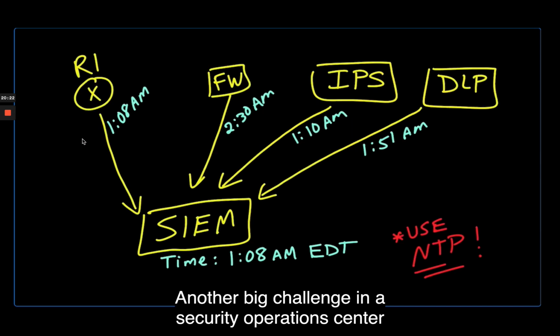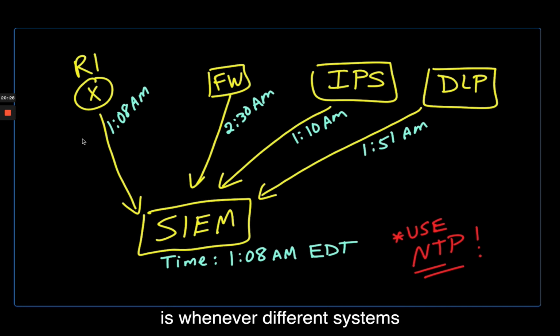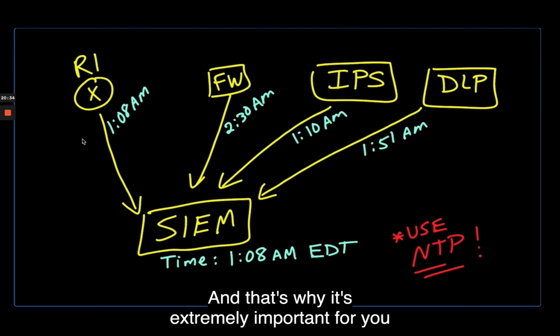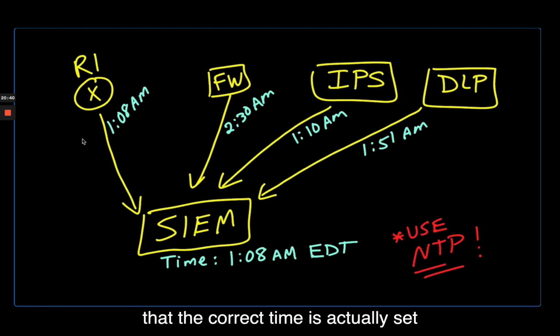Another big challenge in a security operations center, and basically in your security operations as a whole, is whenever different systems are not using the correct time. That's why it's extremely important for you to use the Network Time Protocol to ensure that the correct time is set in all the devices within the network and they are synchronized.